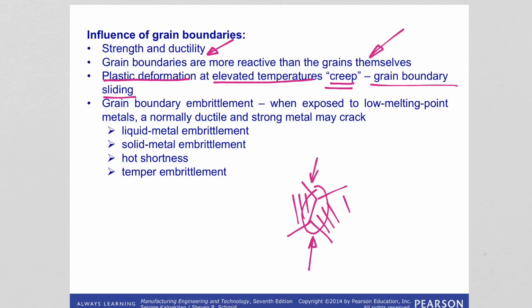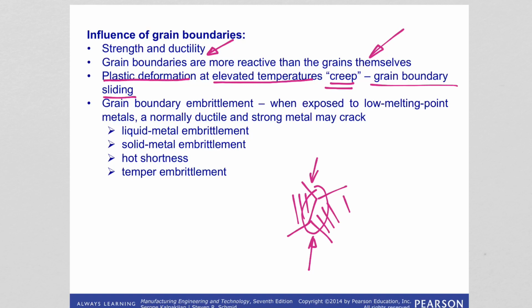There are different types: liquid metal embrittlement, in which the embrittling element is in the liquid state. And if it happens at temperatures below the melting point of the embrittling element, that is called solid metal embrittlement.